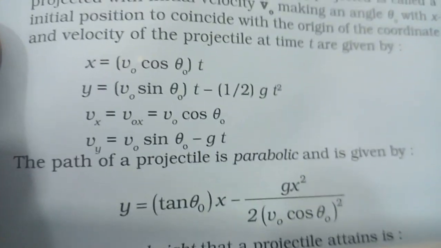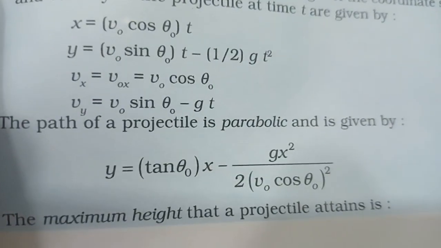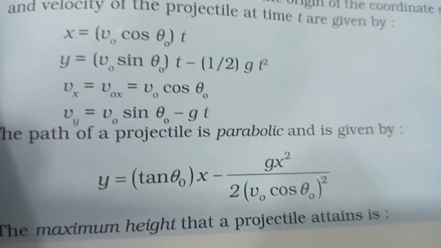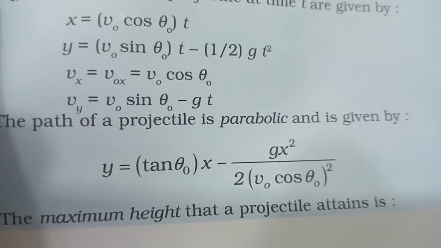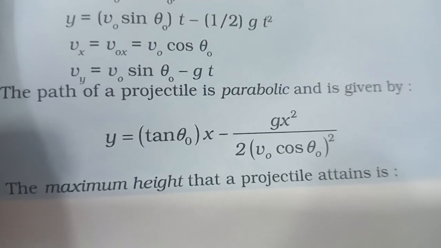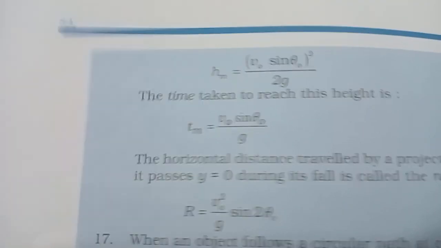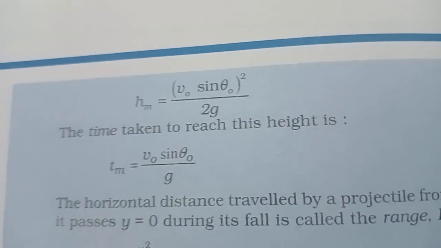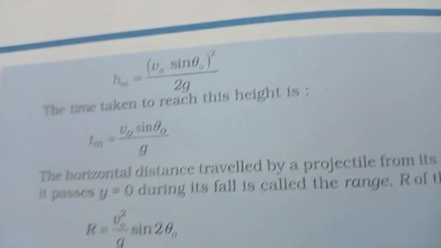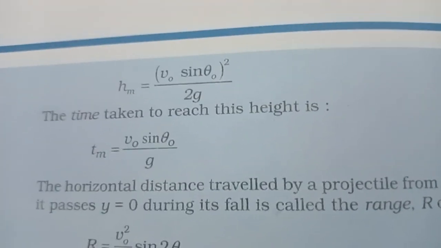The path of a projectile is parabolic and is given by y is equal to tan theta naught x minus g x square upon 2 v naught square cos square theta naught. The maximum height that a projectile attains is given by hm is equal to (v naught sin theta naught) whole square upon 2g.